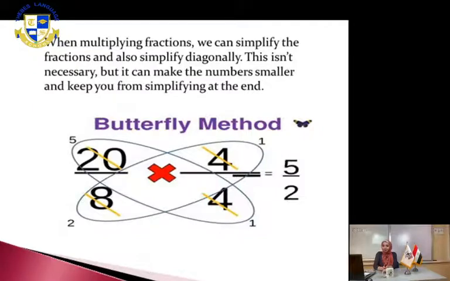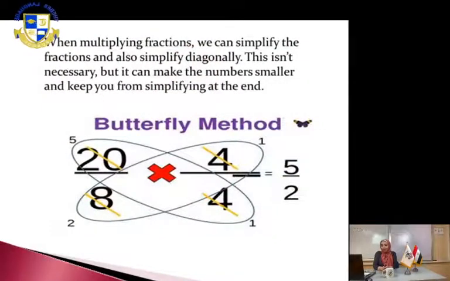By using the butterfly method. We will take 4 and 8, then 4 and 20. We have here 4 and 8 up and down, opposite to each other. Again, up and down, opposite to each other. We have to simplify them.